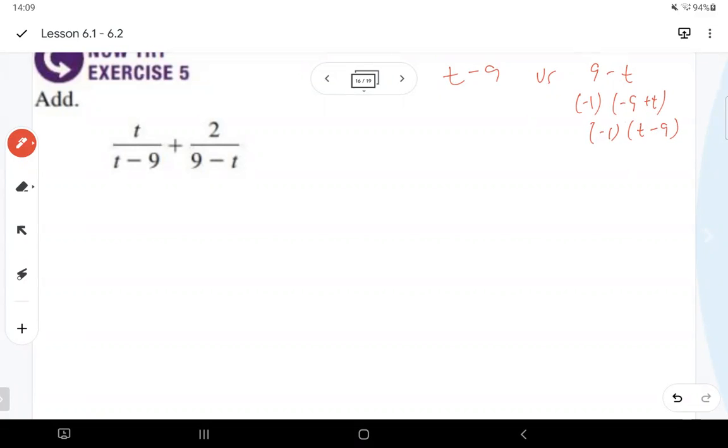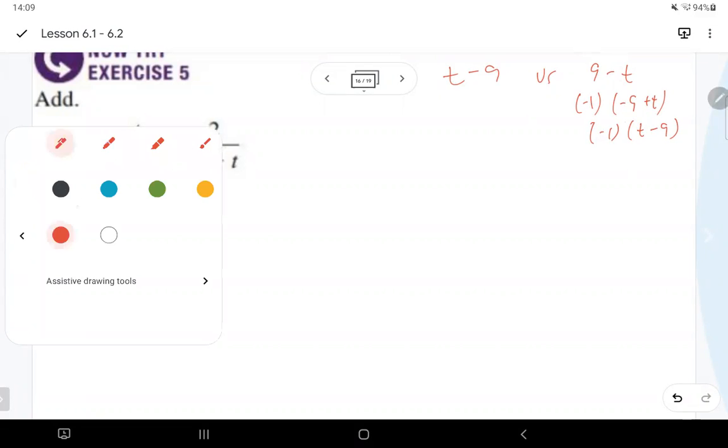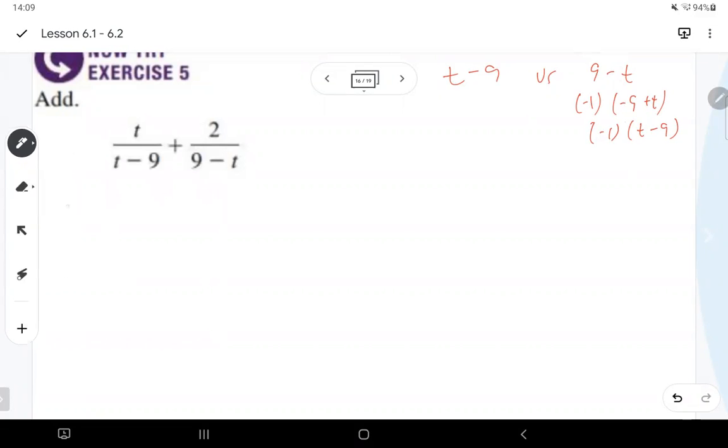So we can use the LCD as either. We can have method 1, with the LCD equal to t minus 9.